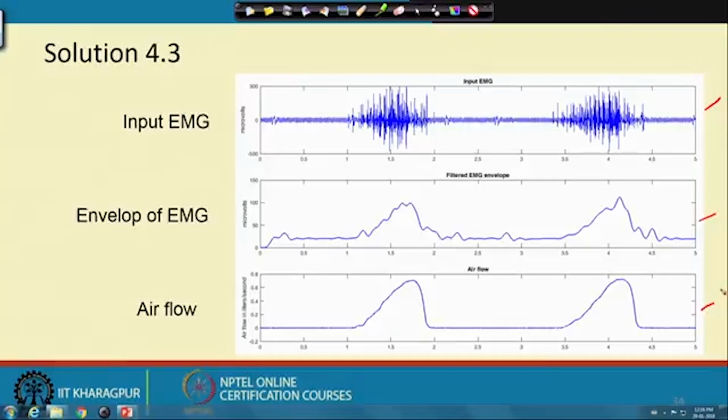We see that the EMG envelope is similar to it, especially when the airflow is starting, but while it is decreasing, the airflow goes down faster compared to the effort exerted by the muscles, which is moving at a slower pace, as is apparent from the EMG output as well as the envelope.